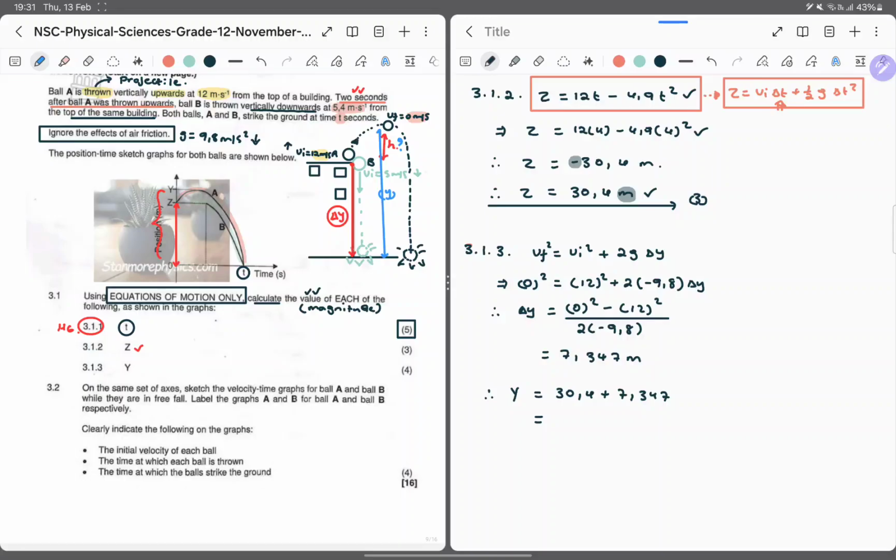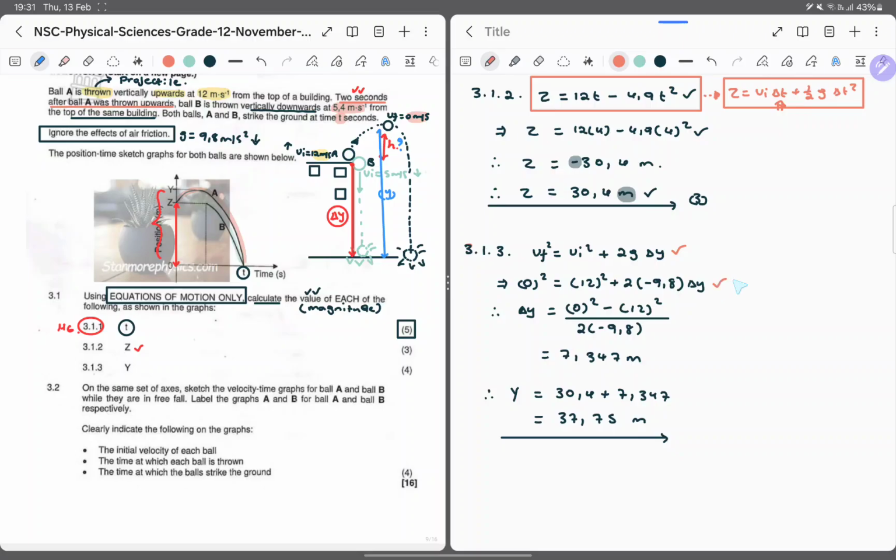So I get 37,75 meters, because we're only focusing on the magnitude. Question said value, so it's just magnitude. All right, not a big deal.